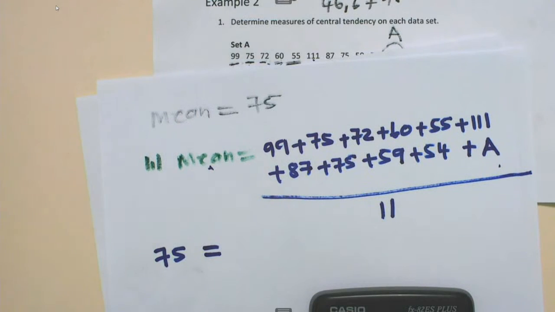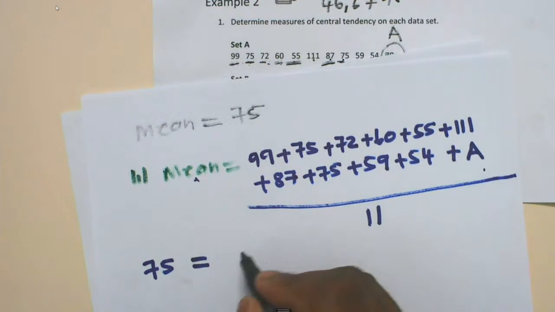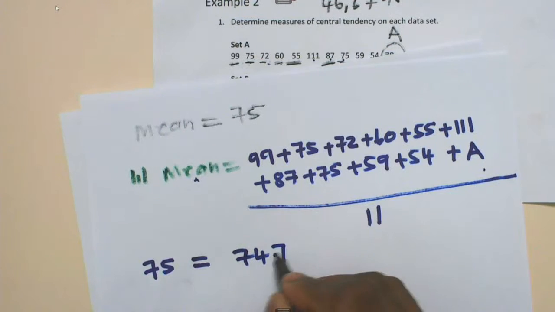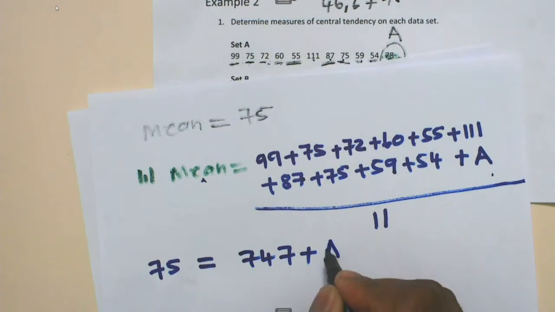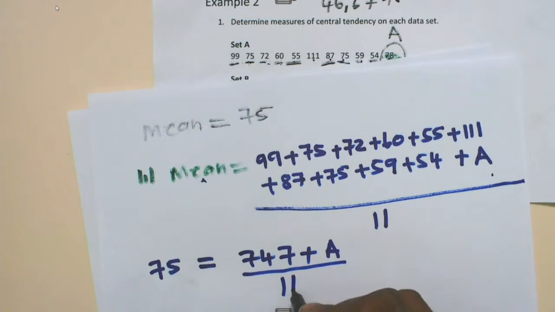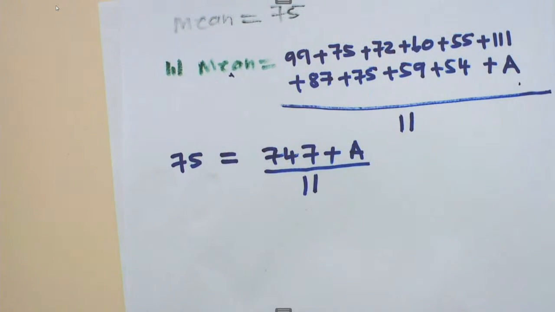After adding all our values we have 747, plus A, divided by 11.